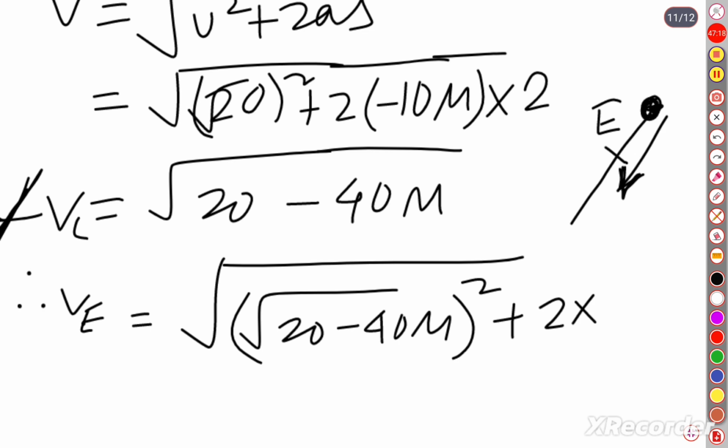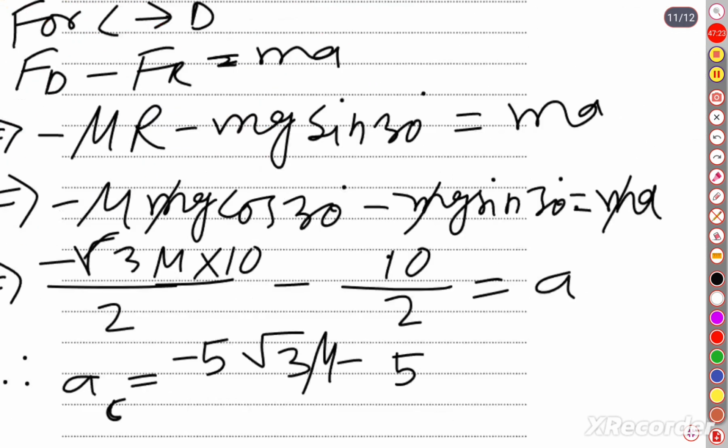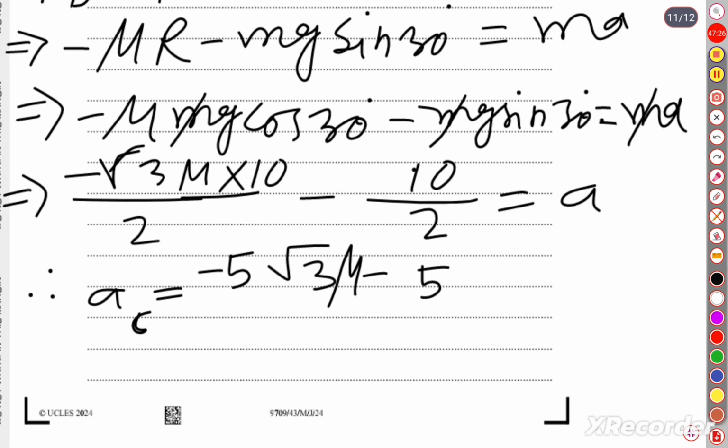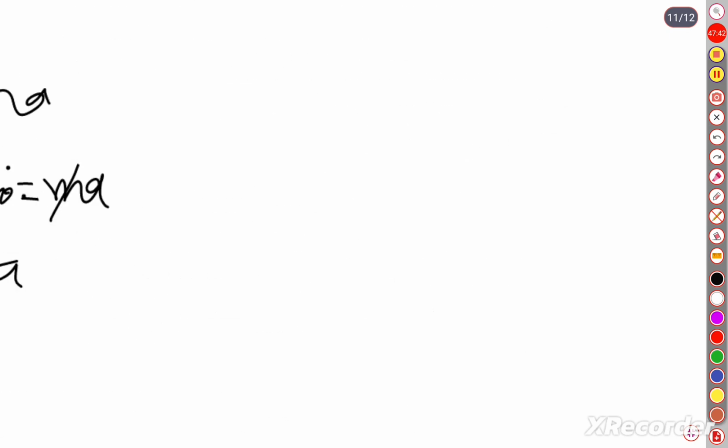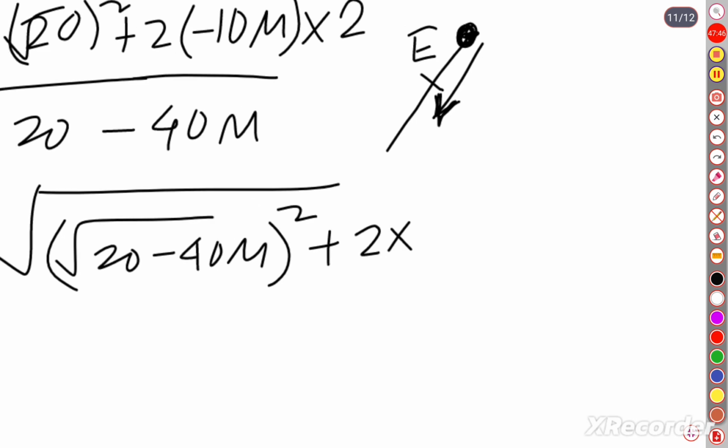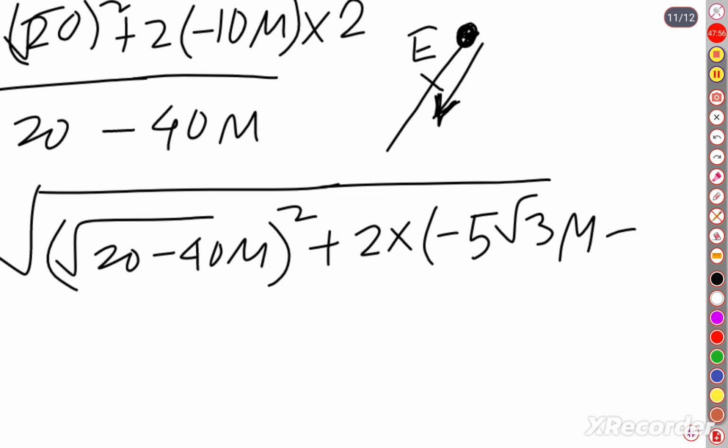Let us find the acceleration when it was moving upward. We have just found, when the particle was moving up through point C, the acceleration was minus 5 root 3 mu minus 5. So let us substitute this: minus 5 root 3 mu minus 5.